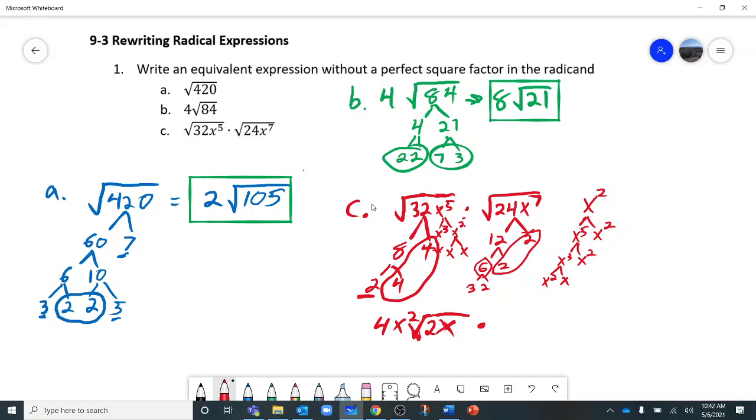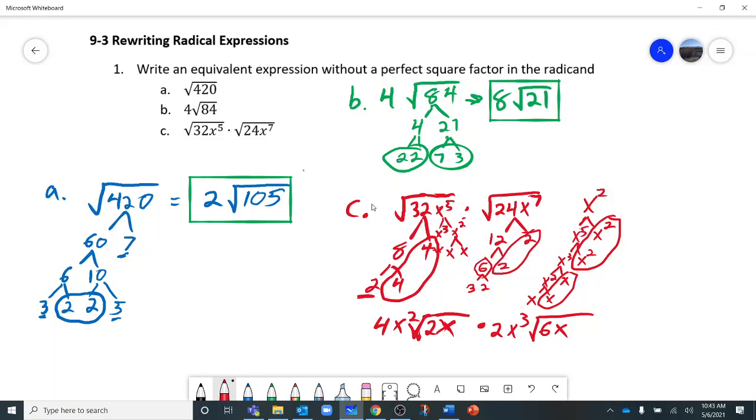And so I've got 2x to the 2nd power, and then I also have 2 single x's with one x left inside. And so I'm going to get 2x cubed on the outside and 6x left on the inside.